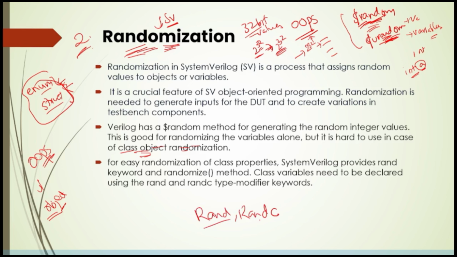So rand and randc are used for randomization in SystemVerilog. We will see about rand and randc also in the examples in the coming sessions. So this is about randomization.